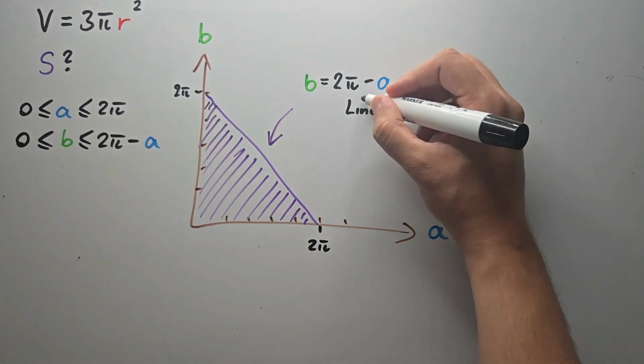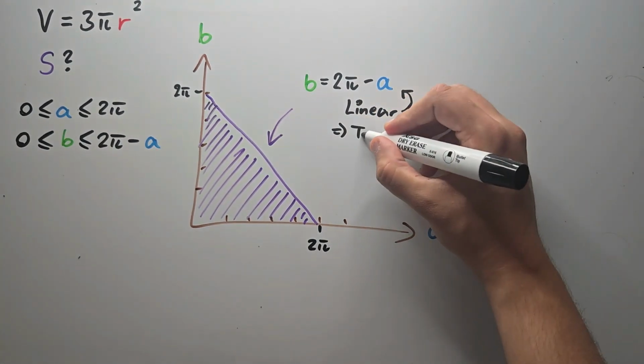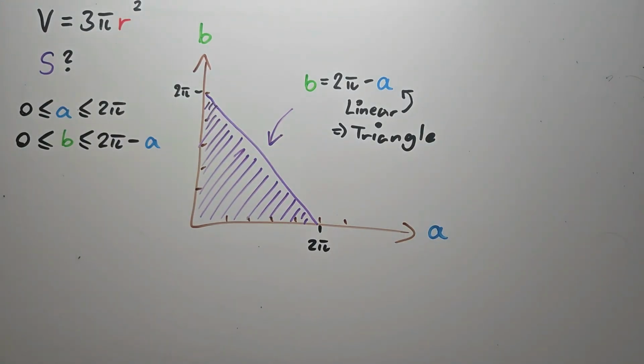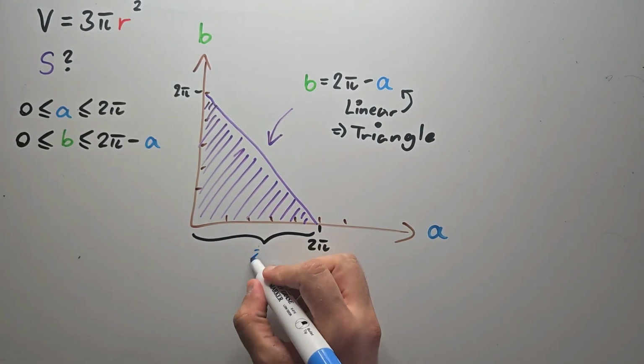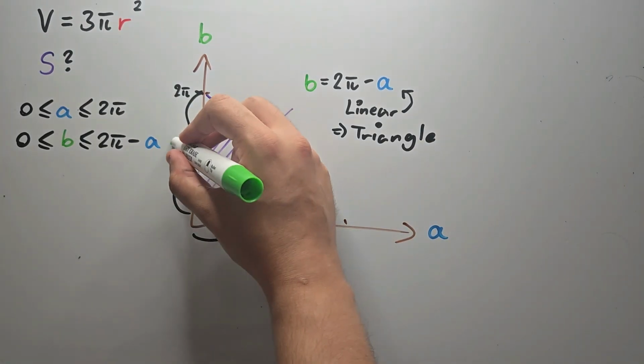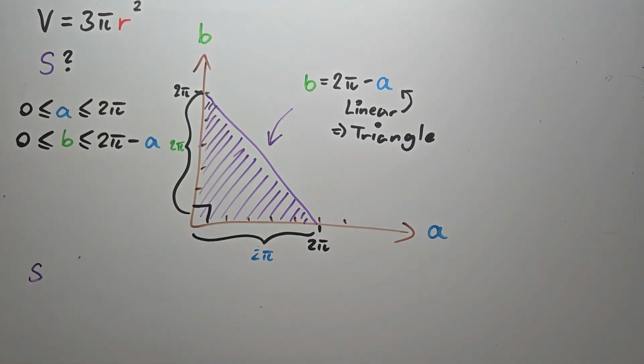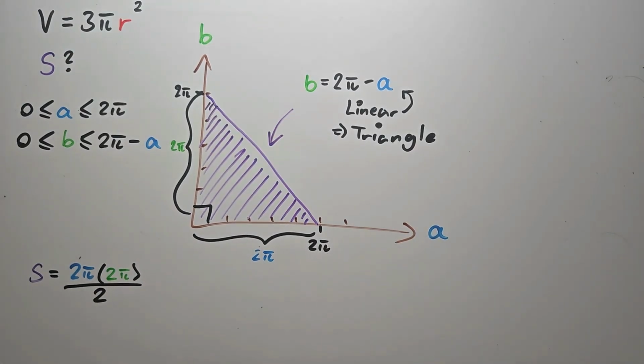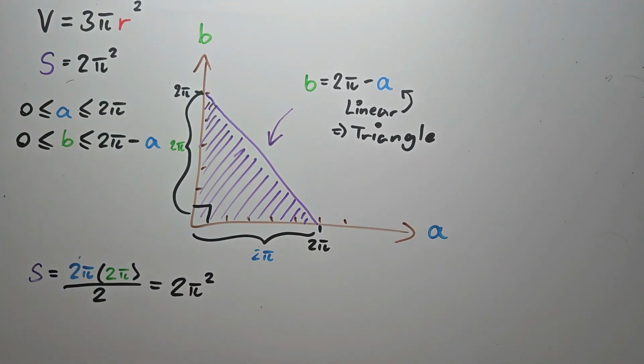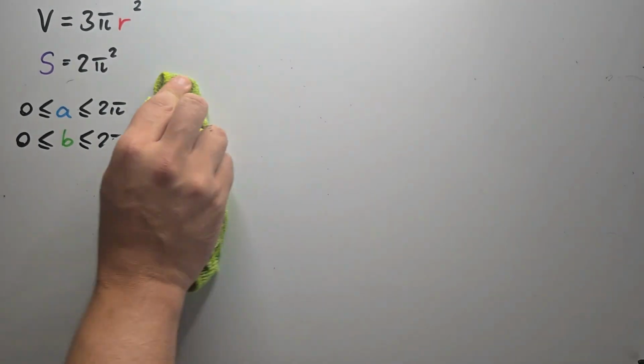And since our curve is linear, our shaded region is a triangle. We can see that along each axis, the length of the triangle's side is 2 pi, and that the axes are perpendicular, which means that the area of this triangle is 2 pi times 2 pi over 2, which is 2 pi squared. And this is the value of our shadow.